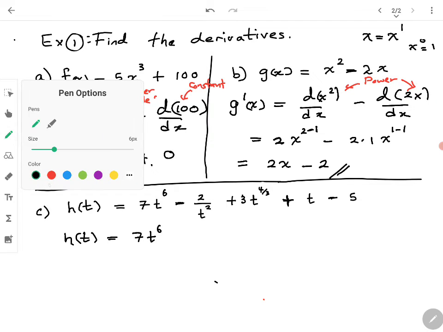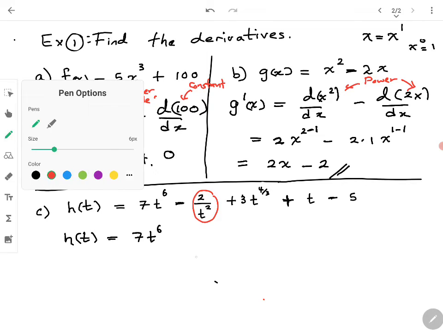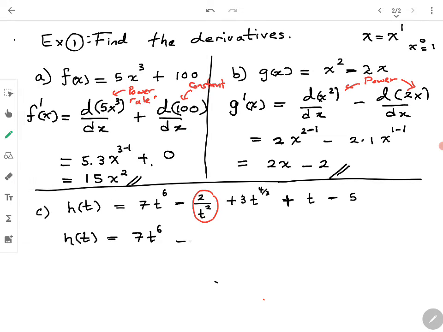This second term, we need to write it in the power function form to use the power rule. So we bring the t squared term to the top. So it becomes t to the negative 2. Now we can differentiate that term also. So once we rewrite it in this form, you can start differentiating each term.